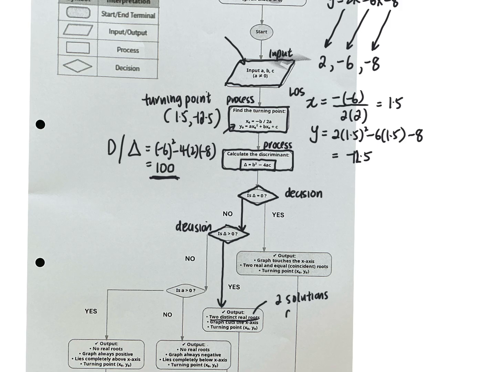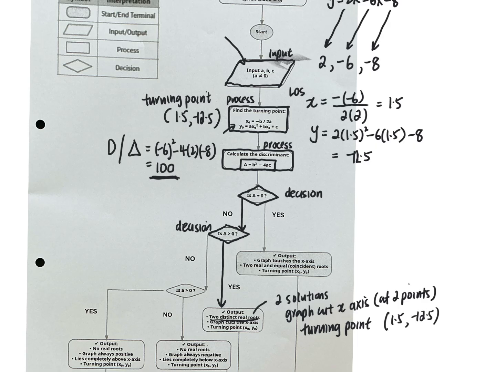Or your graph will cut the x-axis, to be precise, at 2 points. And then lastly, your turning point will happen at 1.5, negative 12.5.